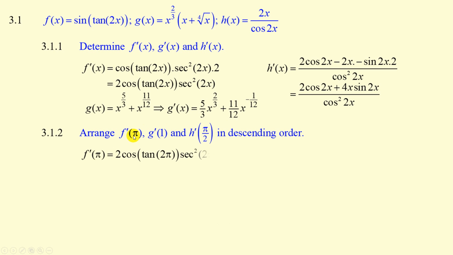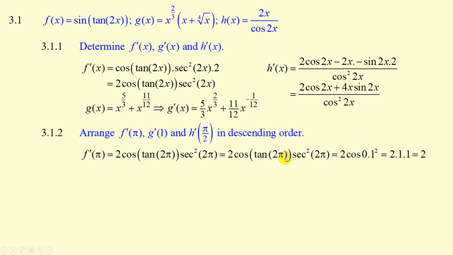So f prime of pi, we're going to substitute pi for x in f prime. Now, if I substitute in, tan of 2 pi is tan of 360, which is 0.